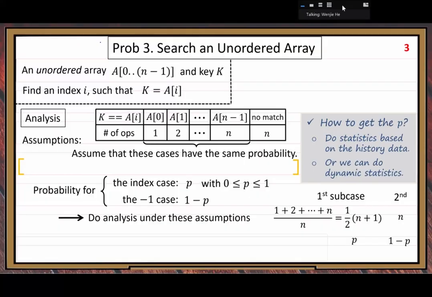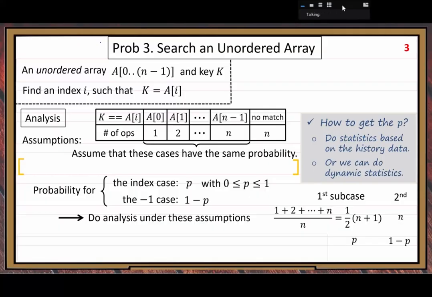Here, you need to have some basic understanding of the probability concept. Not very deep, just basic understanding. The percentage of the occurrence of the first subcase or the second subcase.